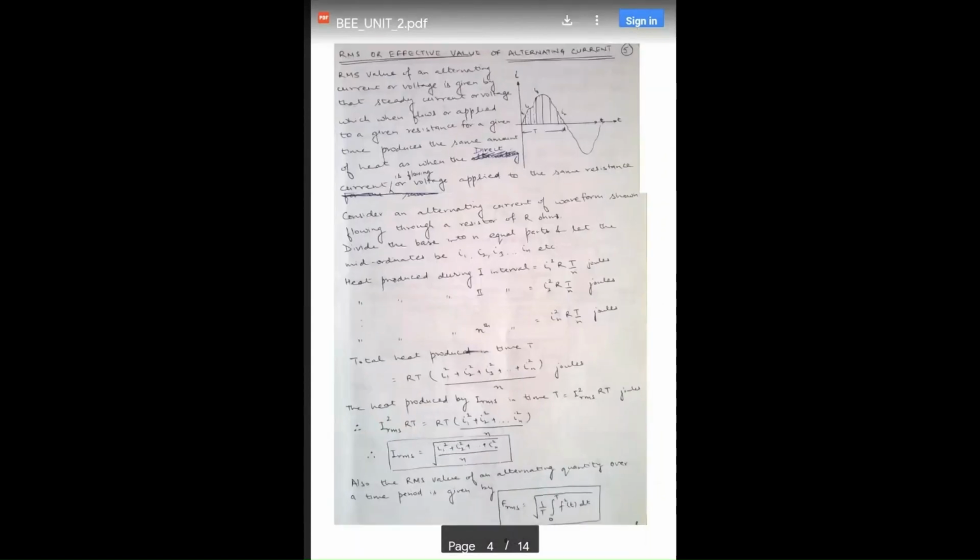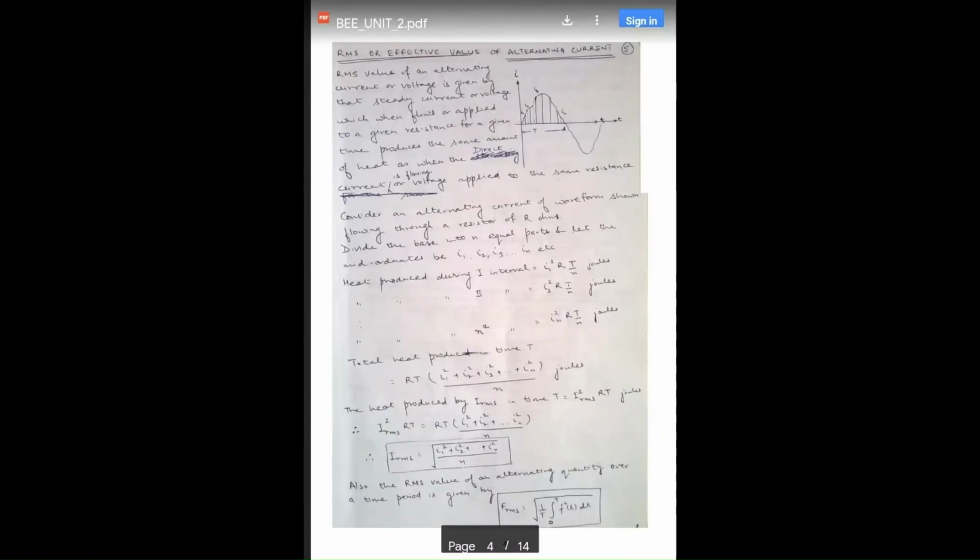So next is our RMS or effective value. RMS value is also called the effective value of alternating current. So it is the root mean square value of the alternating current.